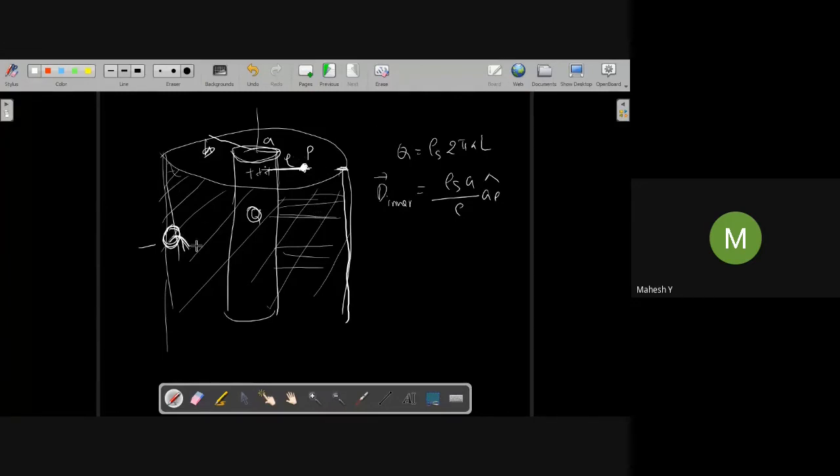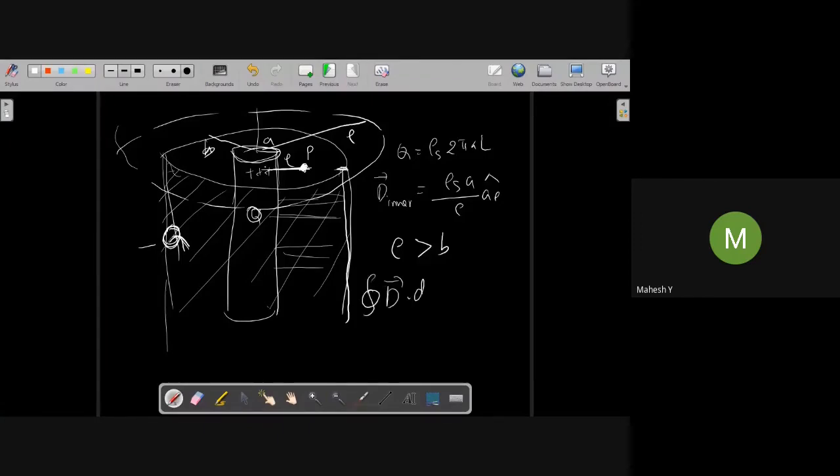So this is inducing a charge of minus q. Now, if I am considering a point outside the cylinder where rho is greater than B, according to Gauss's law, closed integral D dot dS is equal to Q enclosed, right? So what is the amount of charge enclosed by the rho cylinder which I have created now, which is greater than B?